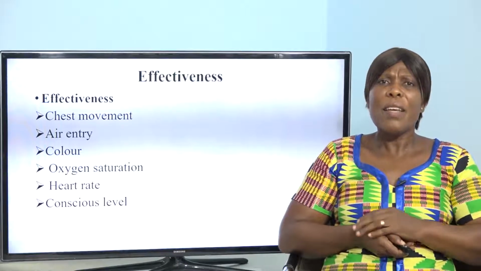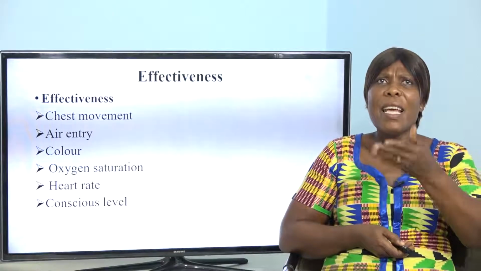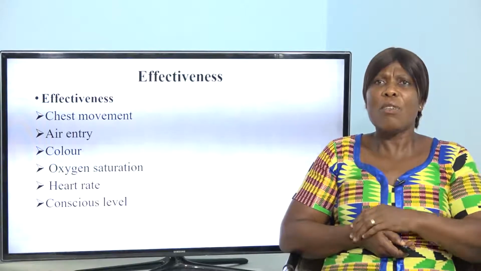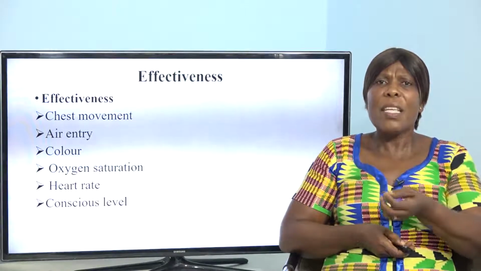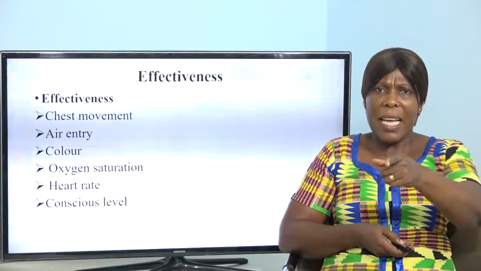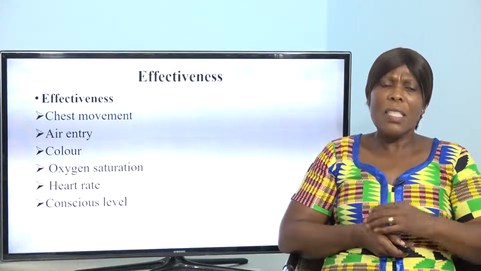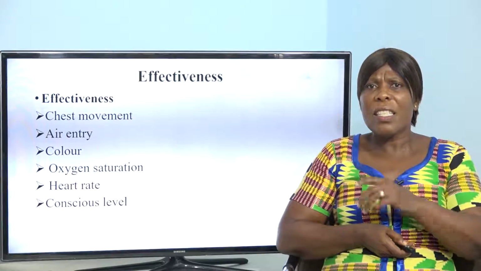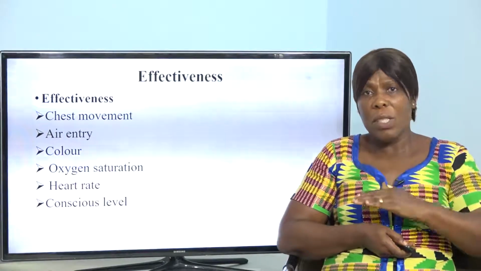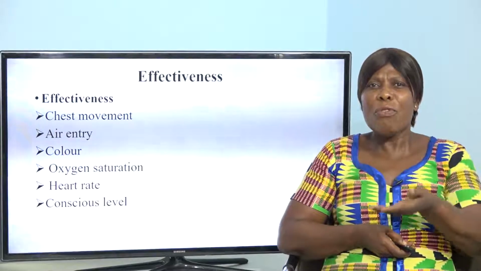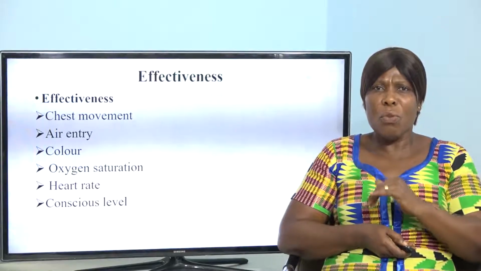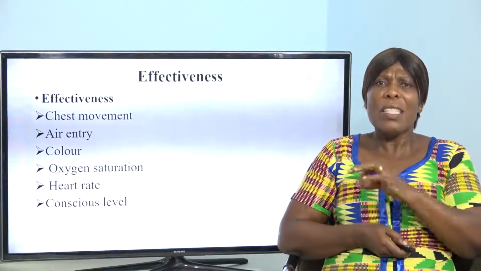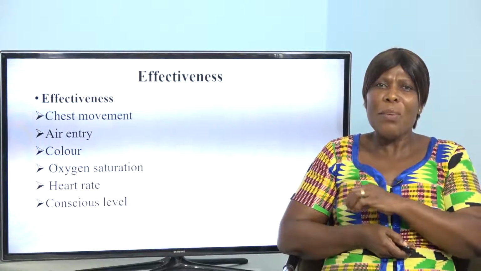We also assess the effectiveness by looking at the air entering into the baby. Is there any obstruction? If the baby is having enough air, the color of the skin of the baby will change. So if the chest is able to move up and down, that tells you that air entering into the body is good. And when we see enough air entering into the body, the skin color of the baby will change.